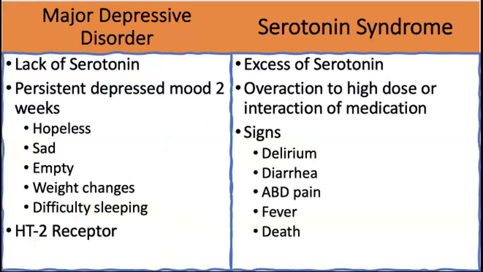Illnesses that can be caused by a lack of serotonin could be major depressive disorder, and too much serotonin can be serotonin syndrome. With depression, there's some main neurotransmitters that are involved in our mood, and that is serotonin and norepinephrine.